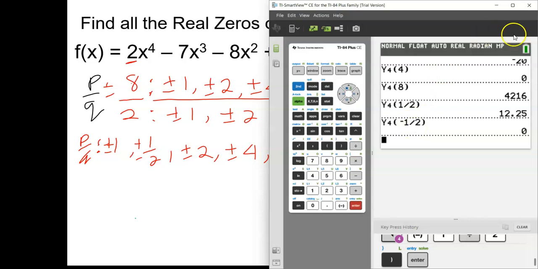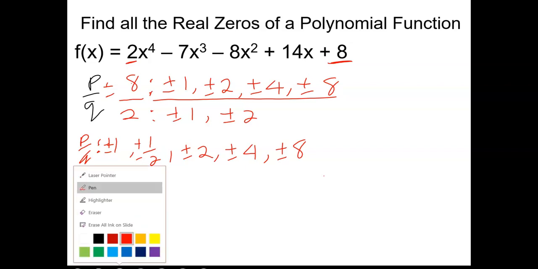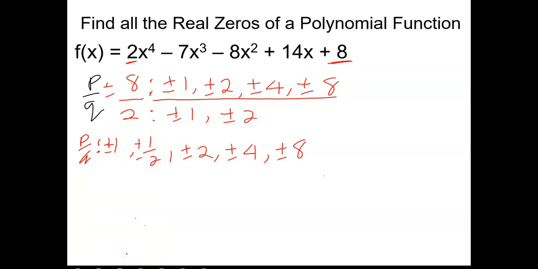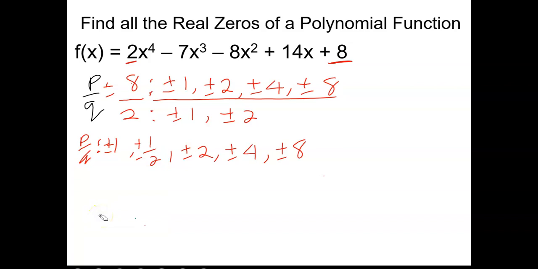So now we use them. So there are 2 factors. Yeah, so that means we do the synthetic division with 4 and then we can do it with 1/2. Okay, so now I think I can just erase these.